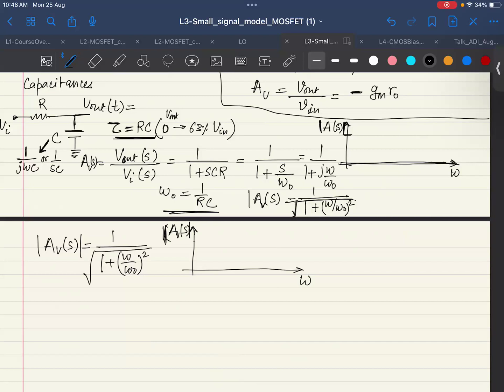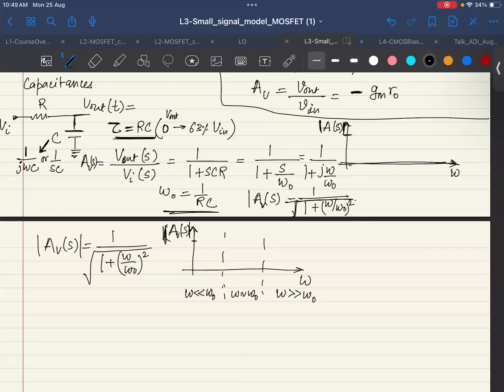We divide it into 3 regions: when omega is much smaller than omega naught, when omega is nearly omega naught or in some range, and when omega is much greater than omega naught.